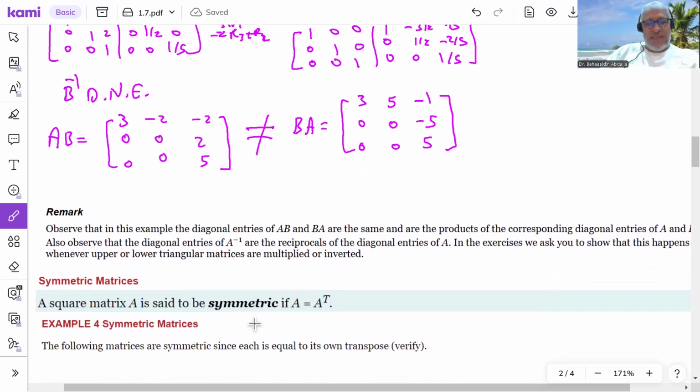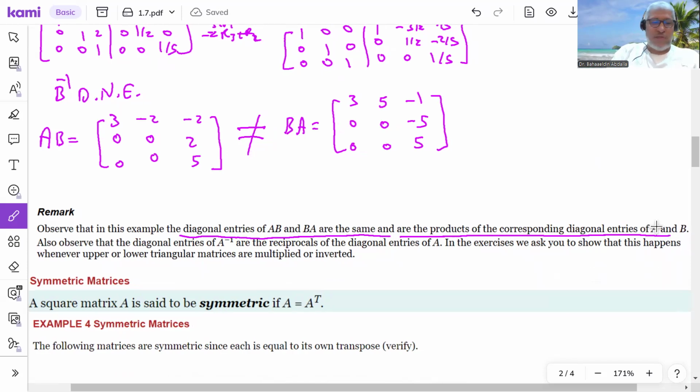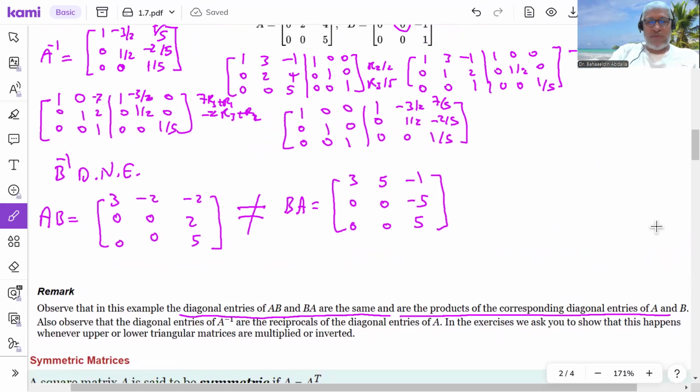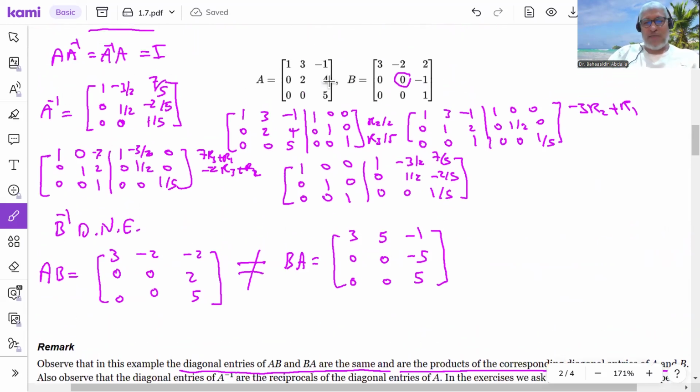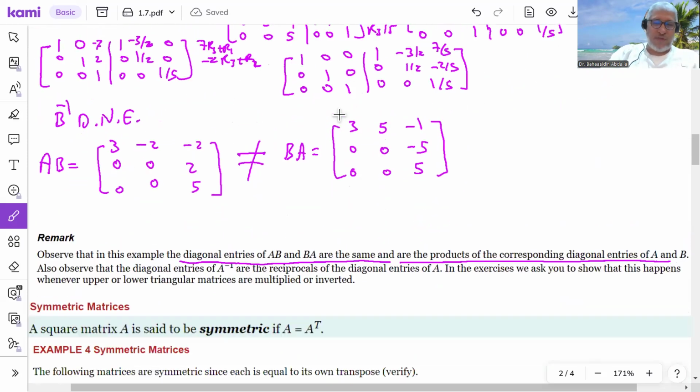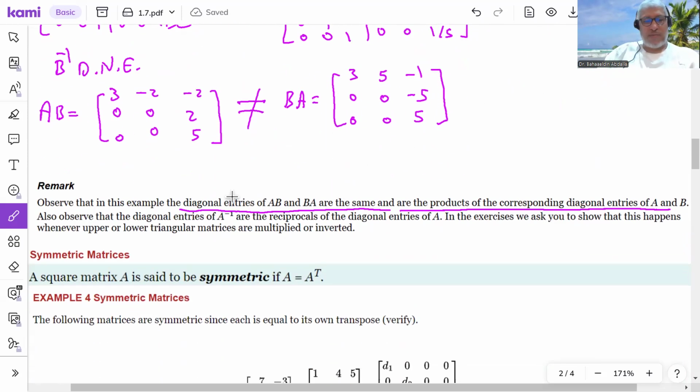So observe that in this example, the diagonal entries of AB and BA are the same, 3, 0, 5, and are the product of the corresponding diagonal entries of A and B. So this is what I mentioned. You multiply 3 times 1 and 0 times 2 and 1 times 5 to get the diagonal entries of AB and BA.